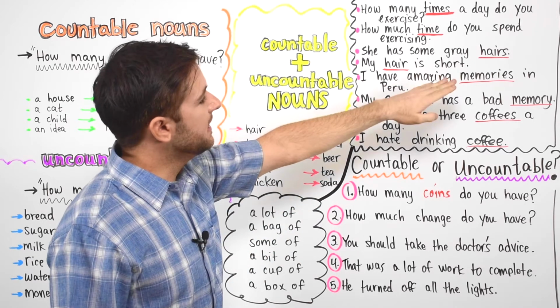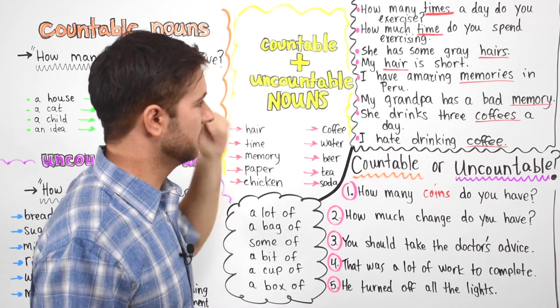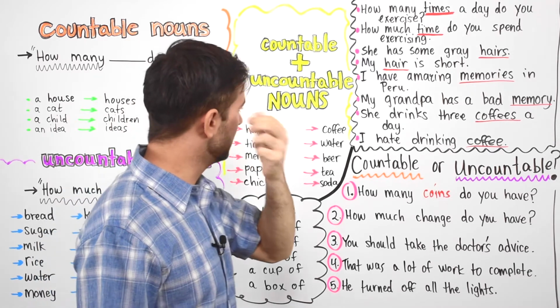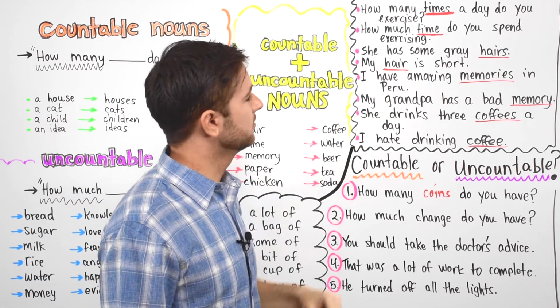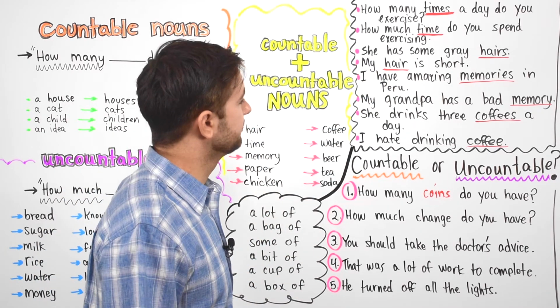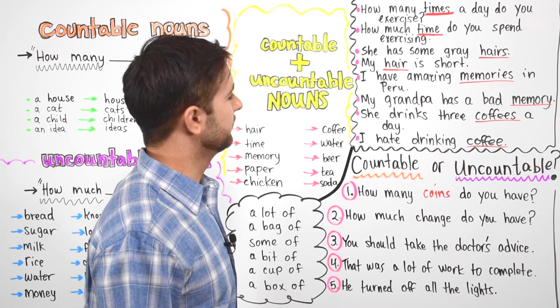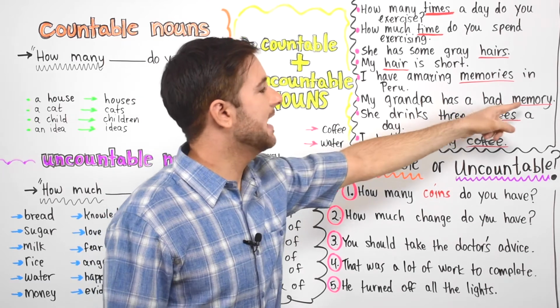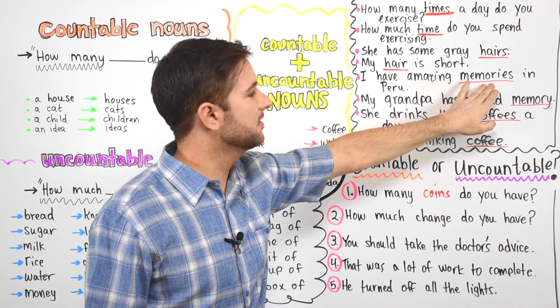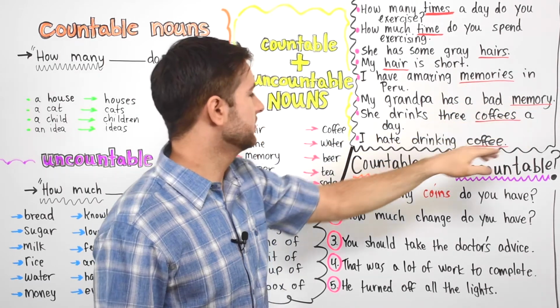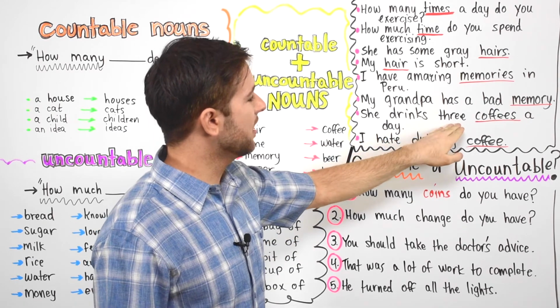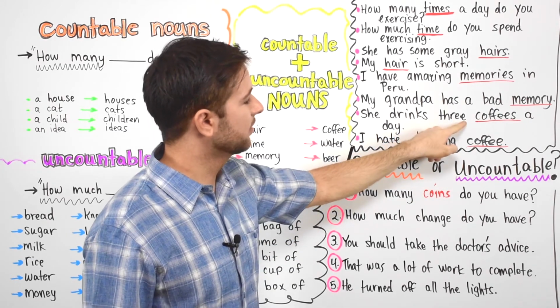She has some gray hairs. We're talking about multiple hairs on somebody's head. Gray hairs. My hair is short. Like my hair is short, okay? I have amazing memories in Peru, versus my grandpa has a bad memory. Memories are countable, memory uncountable. She drinks 3 coffees a day. Look, we have a number, 3.